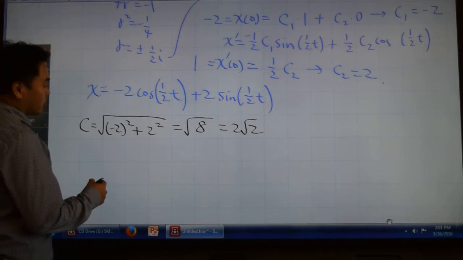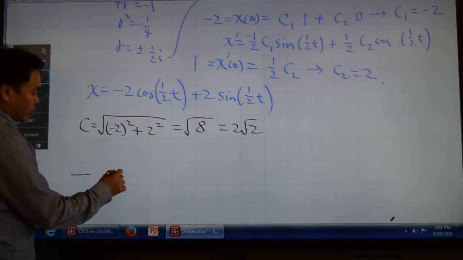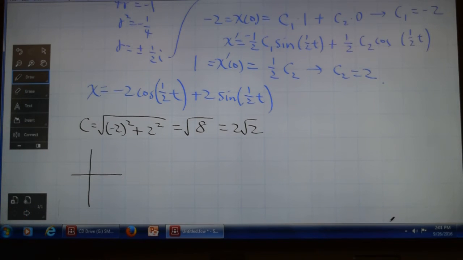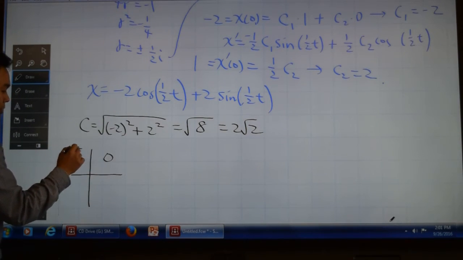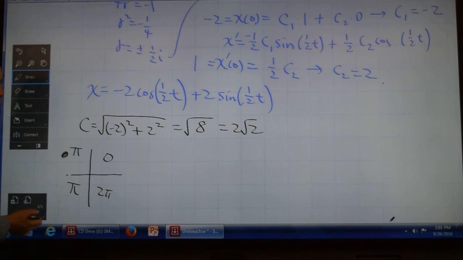And then to get the angle alpha, first, where is (-2, 2) located? It's located here, in the second quadrant. So in this case, what do you have to add? Pi, or 180 degrees.